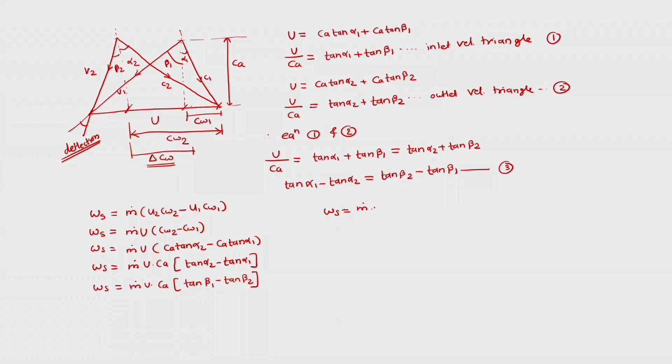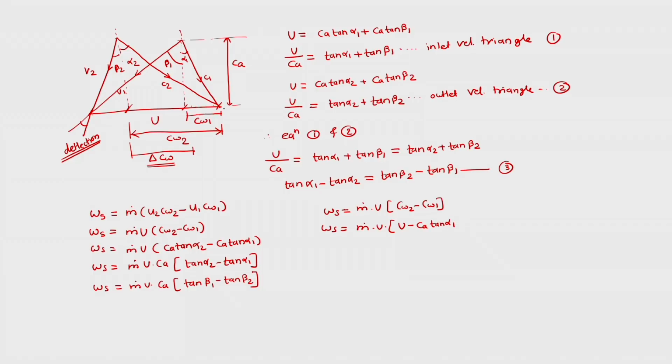There is one more way we can write this expression. Ws is equal to m dot into U into CW2 minus CW1. So Ws is equal to m dot U CW2, where CW2 we will write as U minus Ca tan alpha 1.